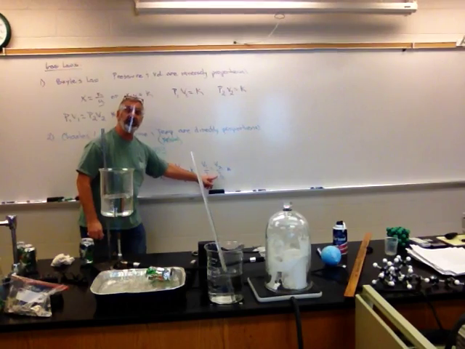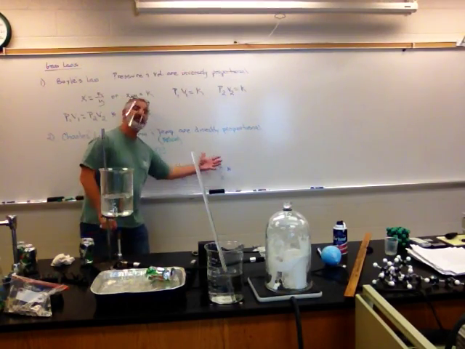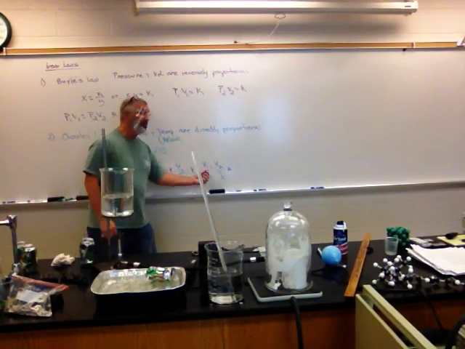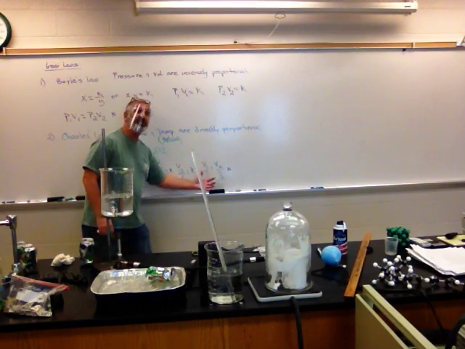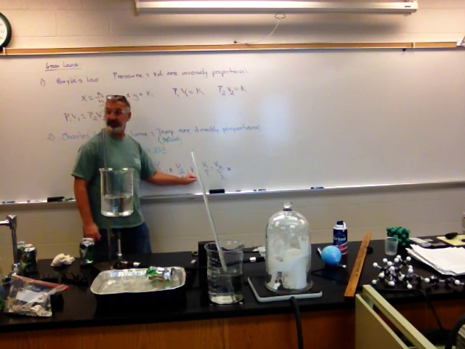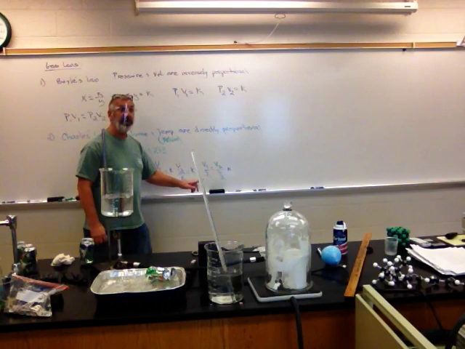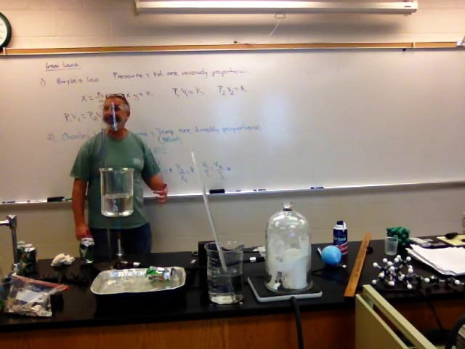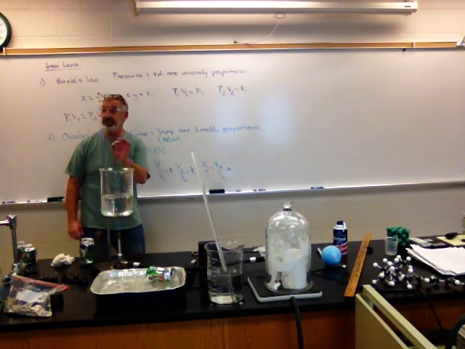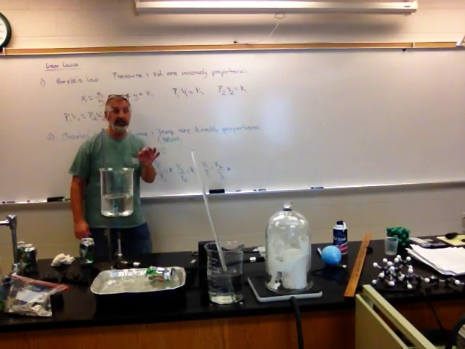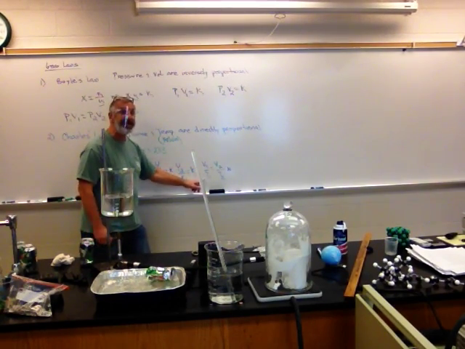So you can't use the Celsius. Plus, these guys figured out that the relationship is based on the Kelvin temperature scale, the absolute temperature scale, not the Celsius scale. It only works with Kelvin. So anytime you have T in an equation, it has to be Kelvin. Delta T can be either, but if it's just T, it has to be Kelvin.